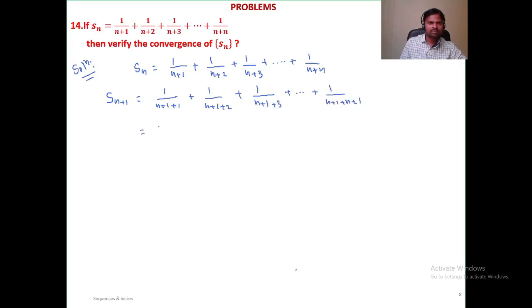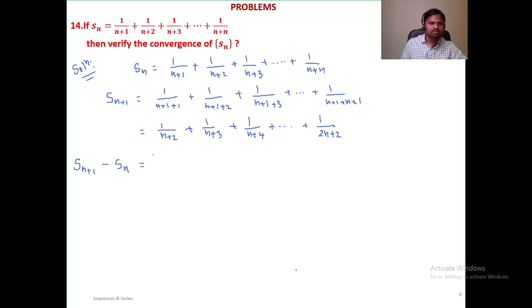If you simplify this, you will get 1 by n plus 2, 1 by n plus 3, plus 1 by n plus 4, plus and so on, plus 1 by 2n plus 2. So this is Sn plus 1. Now let us verify whether the given sequence is increasing or decreasing. So Sn plus 1 minus Sn.